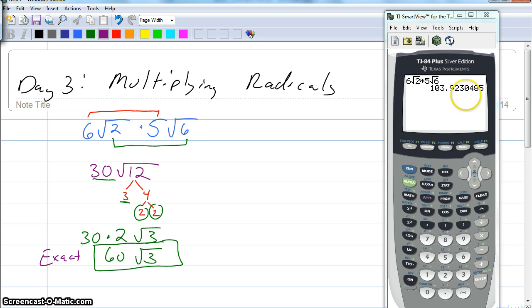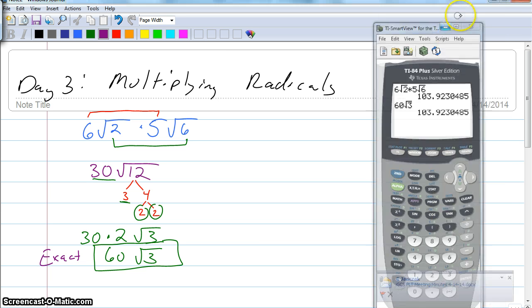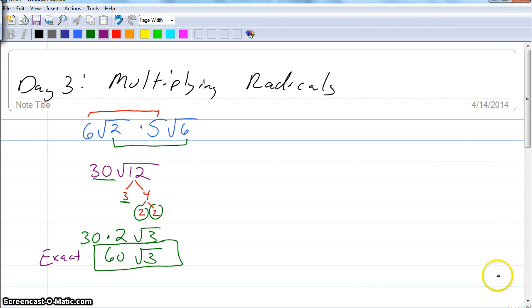This decimal, believe it or not, goes on forever and ever. Never stops. Just goes some random digits the whole time. And eventually your calculator rounded and said, I'm done. I'm just going to stop here. That's why this is approximate. Anytime you round, it's no longer exact, is it? Anyway, so put in 60 root 3, and you get the same grossness. So we know that we're right. Oops. Sorry, y'all.